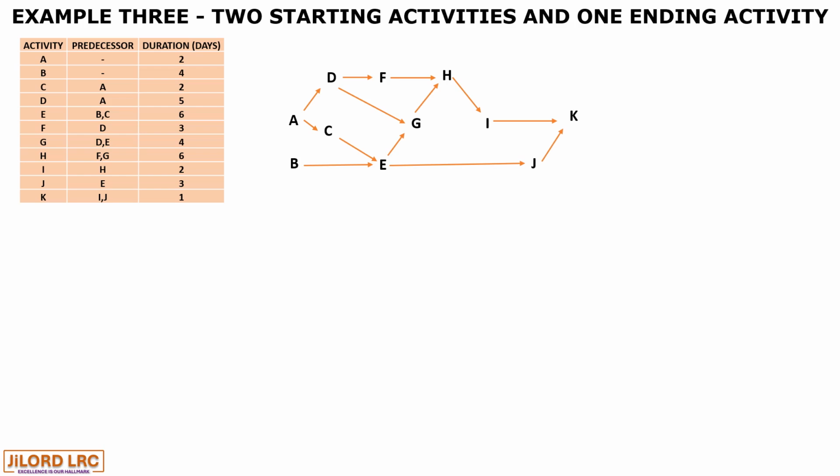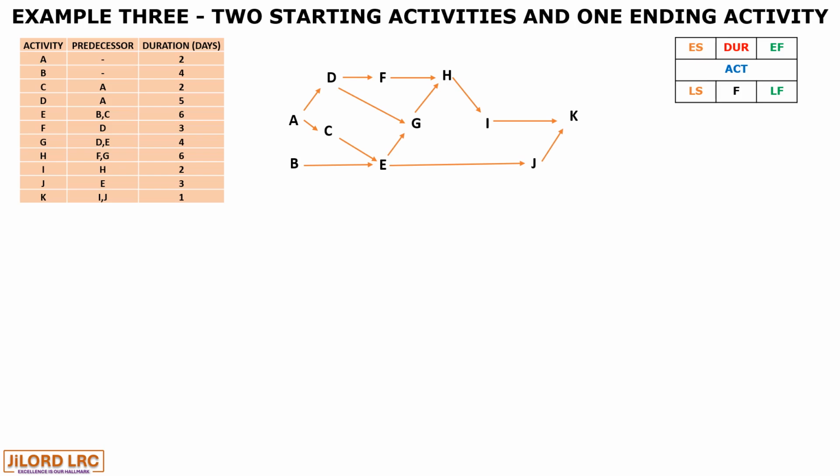So with this sketch complete, we can proceed and draw our precedence diagram, making sure we follow the precedent notation: early start, duration, early finish, late start, float, late finish.